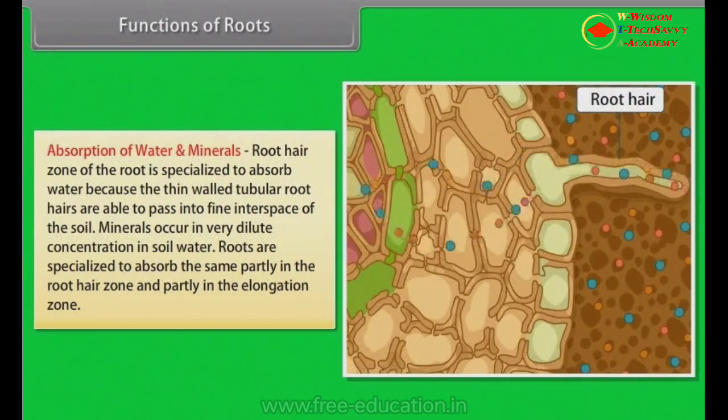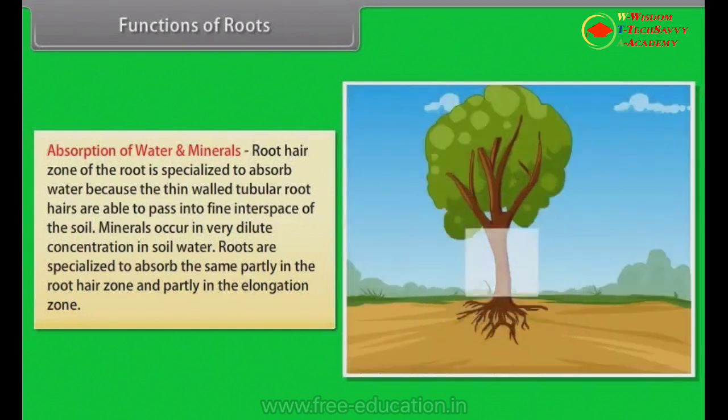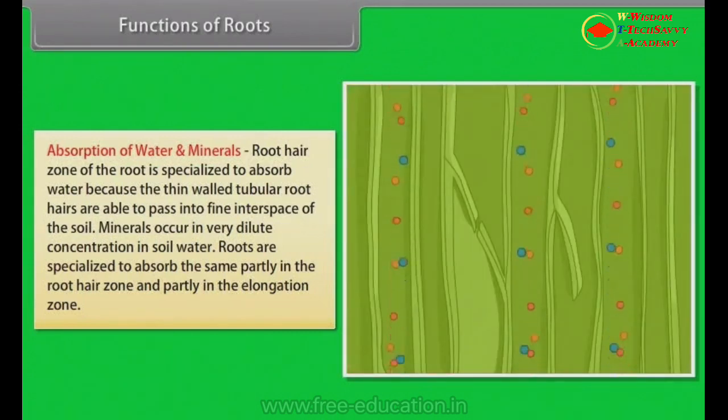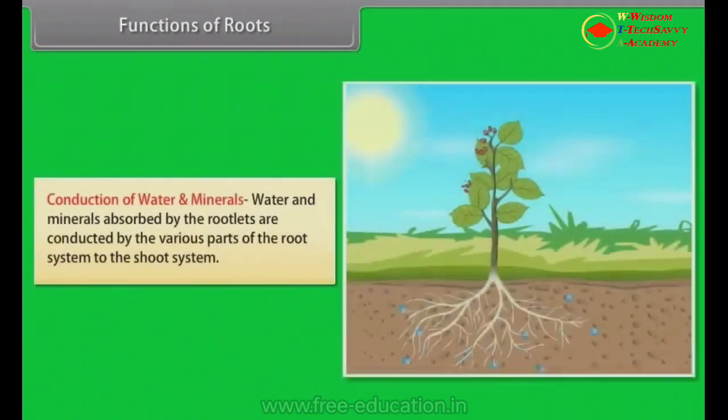Minerals occur in very dilute concentration in soil water. Roots are specialized to absorb the same, partly in the root hair zone and partly in the elongation zone. Conduction of water and minerals: water and minerals absorbed by the rootlets are conducted by the various parts of the root system to the shoot system.